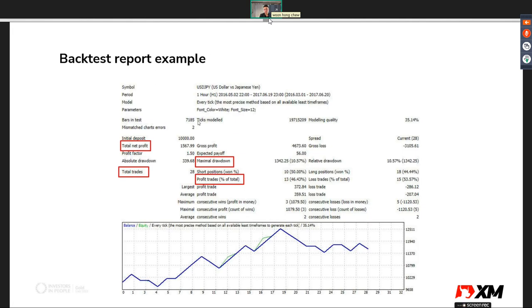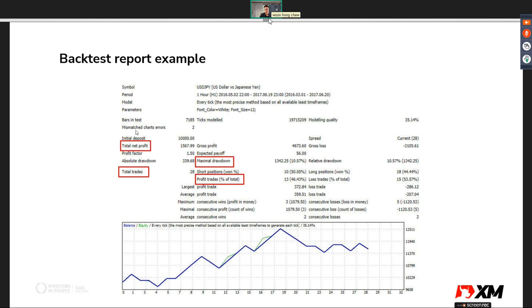This is equivalent to 7,000 hours, and it has modeled 19 million ticks, and the modeling quality is 35.14%. You don't really have to care about this ticks model and modeling quality. I mean, modeling quality, in my opinion, is just telling you how well it's running.